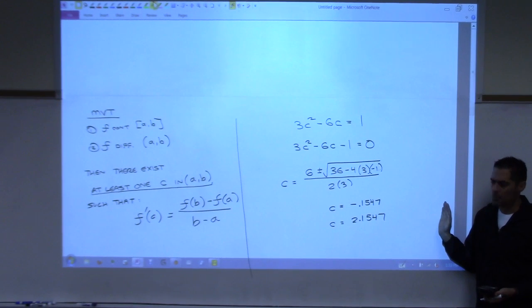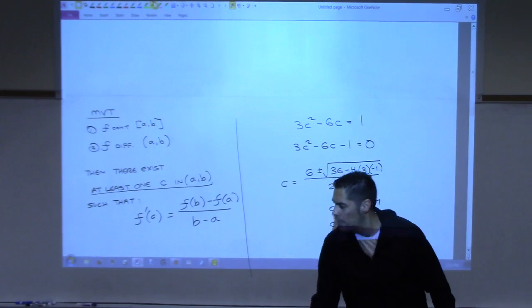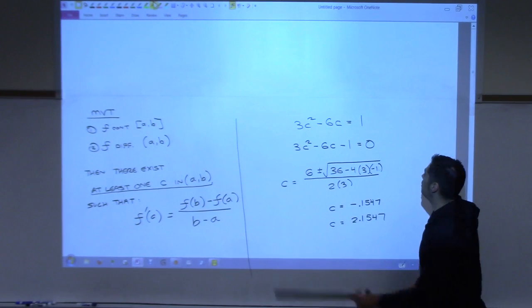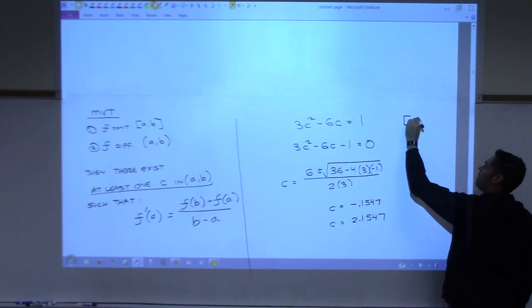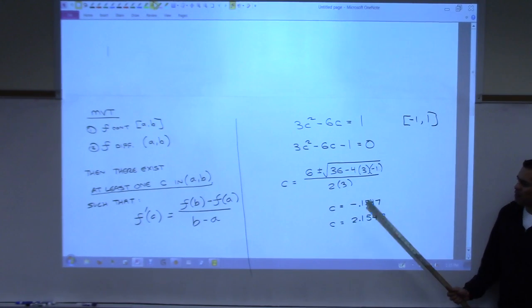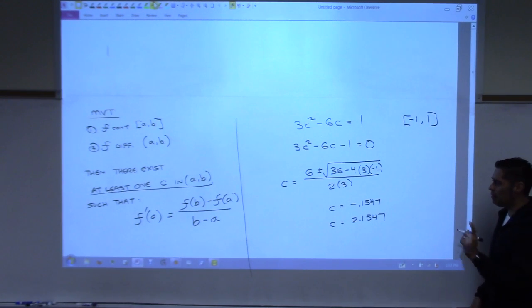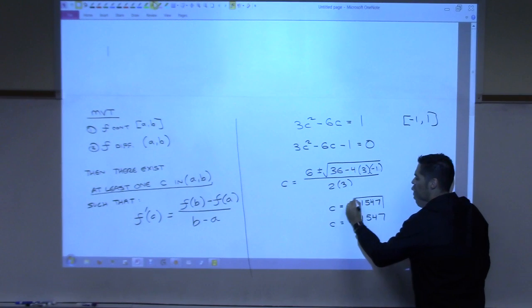Now what we're going to do is say, okay, we were trying to find a c, there's got to be at least 1 in here, right? We found 2 answers, and one of them lives in here. The other one doesn't. So the mean value theorem guarantees us the existence of at least 1. Here it is.